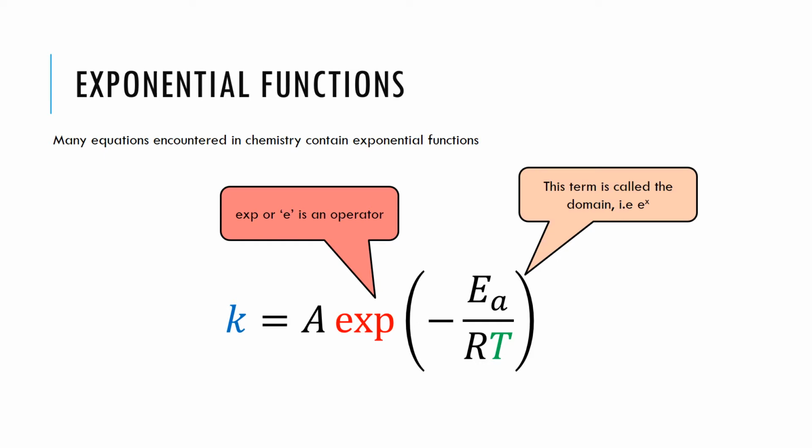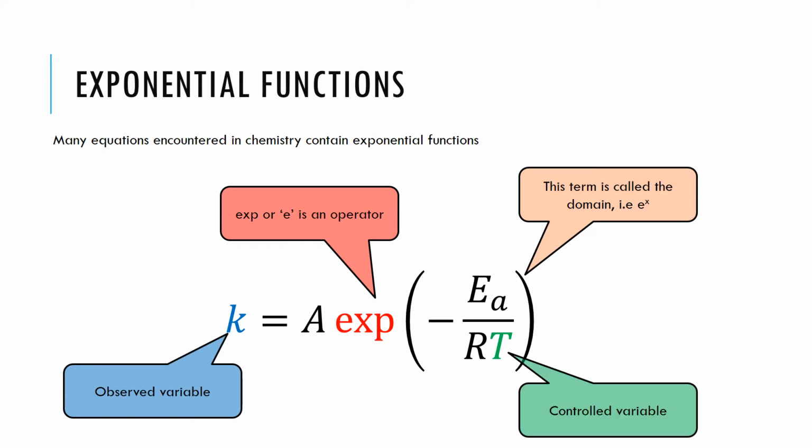The term in brackets there we call the domain. This is the thing that is raised to the power of e. So this is the e to the x term here. So that whole term in brackets is called the domain. The rate constant here, k, then, is our observed variable, and temperature is our controlled variable.